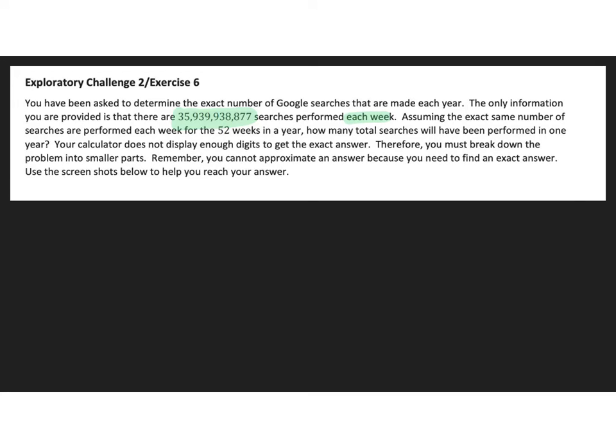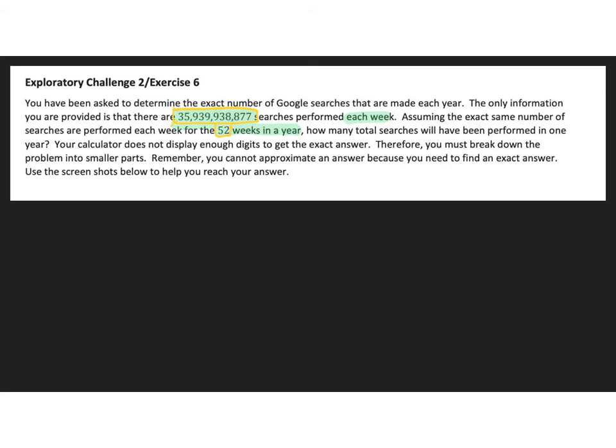Assuming the exact number of searches are performed each week for the 52 weeks in a year, how many will have been performed in 1 year? Your calculator does not display enough digits to get an exact answer, so you have to break this number down and do it yourself. Okay? So basically it's saying this number, that's how many searches there are each week. There's 52 weeks in a year. Multiply those together. Tell me how many are done in a full year.